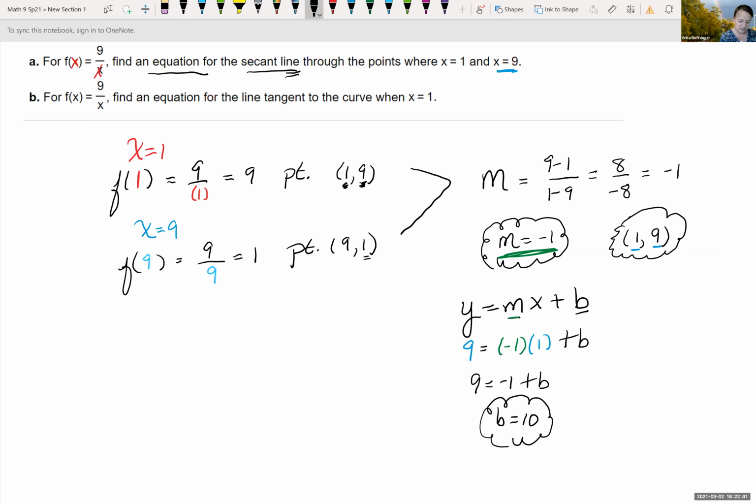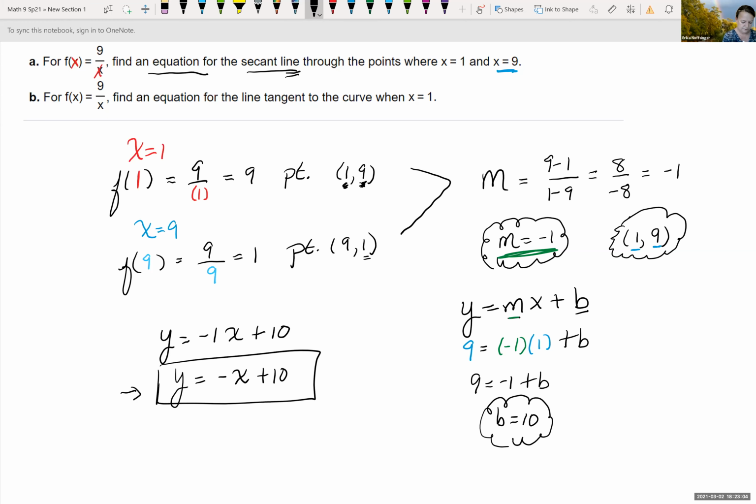So the equation of our secant line is y is equal to our slope, negative 1. Normally I wouldn't put that negative 1 there, right? Times x plus b, plus 10. So I'm going to just write it as y equals negative x plus 10. So this is the equation of the secant line through those 2 points.